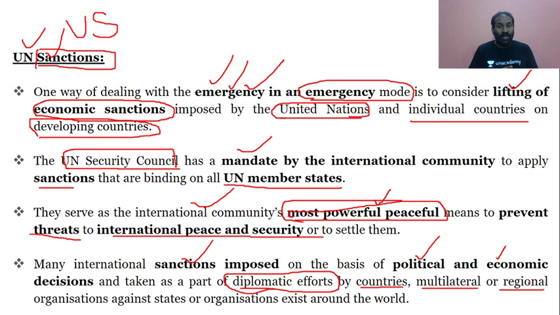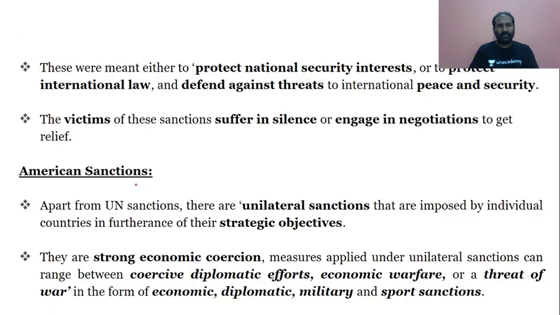Here again, for prelims, sanctions can be imposed politically and economically as part of diplomatic efforts by countries, multilateral or regional bodies. This is important for understanding prelims 2020, if there is a question on United Nations sanctions.